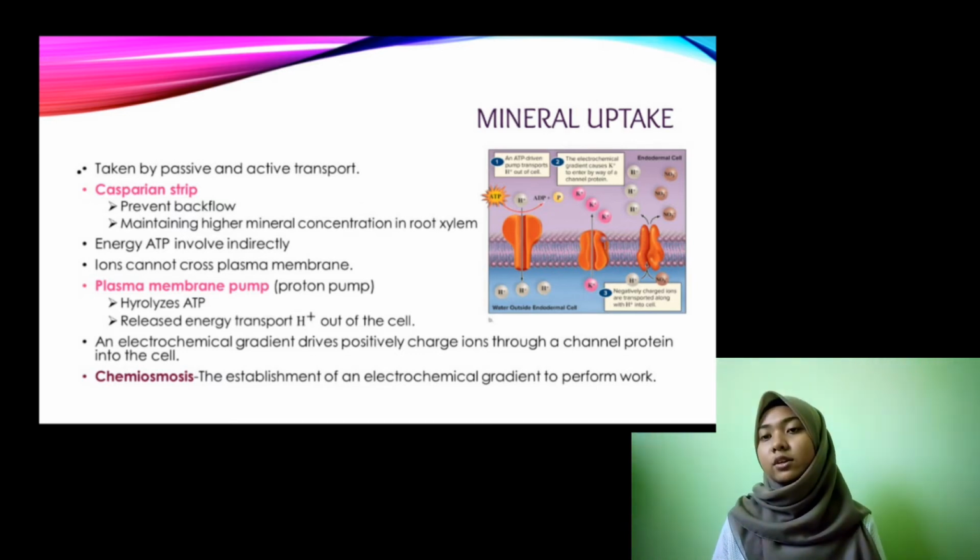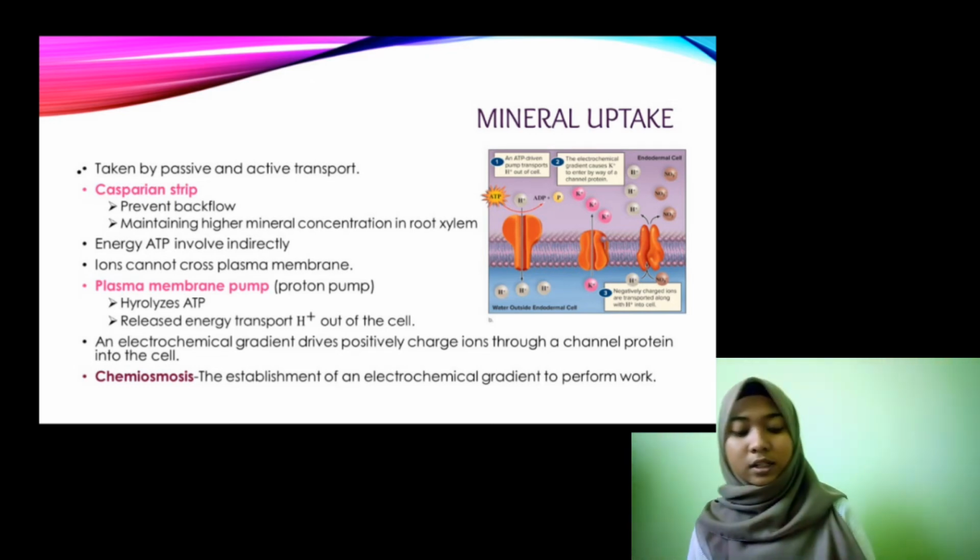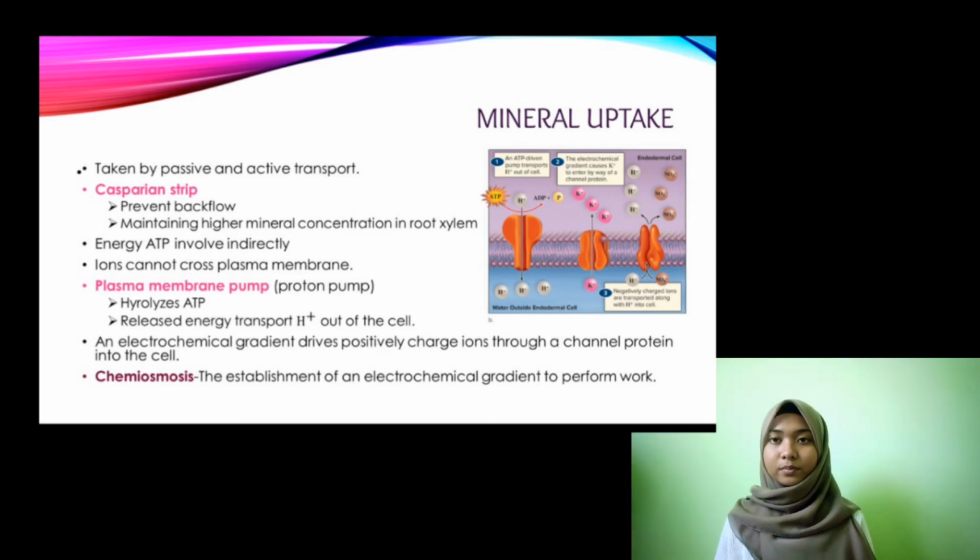As shown in figure 25.7b, the plasma membrane pump called the proton pump hydrolyzes ATP and uses the energy released to transport hydrogen ions, H+, out of the cell. An electrochemical gradient drives positively charged ions such as K+ through channel proteins into the cell.